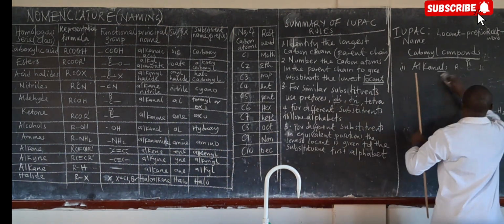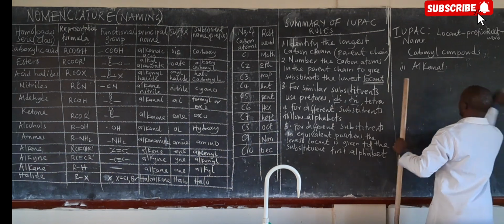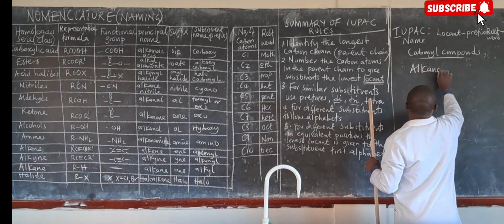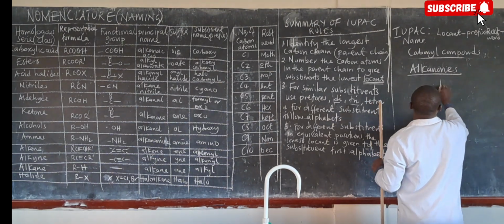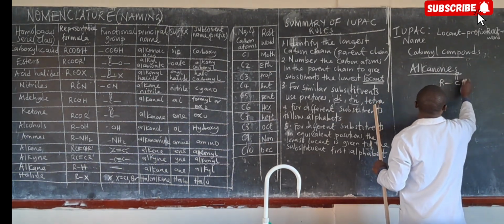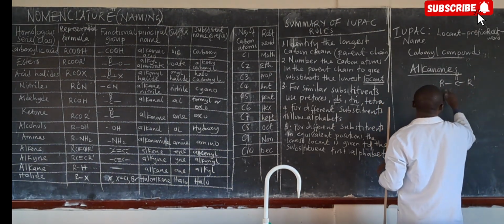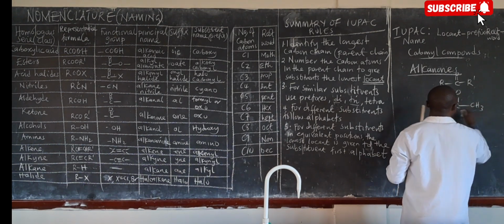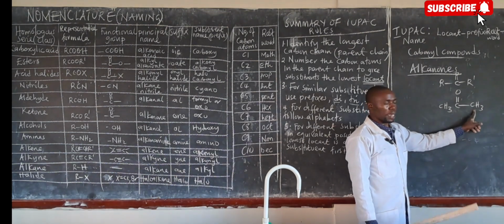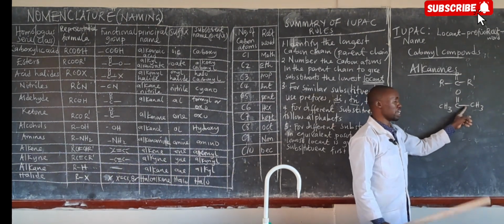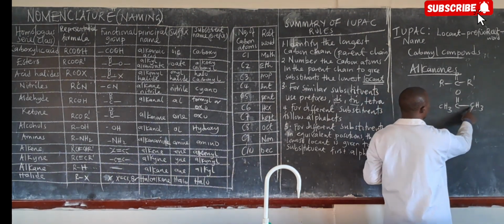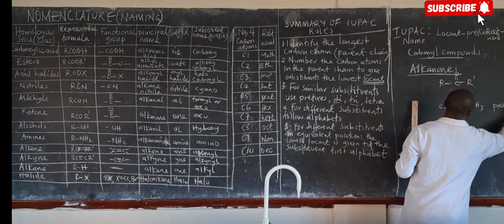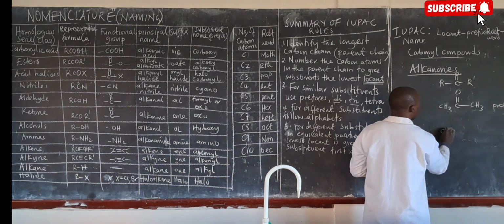Let's look at alkanones also. Alkanones contain carbon atoms on both sides; let's have this illustrated. They don't end with a hydrogen, but actually end with carbon on both sides. So this alkanone will be propanone, from the alkane name propane.